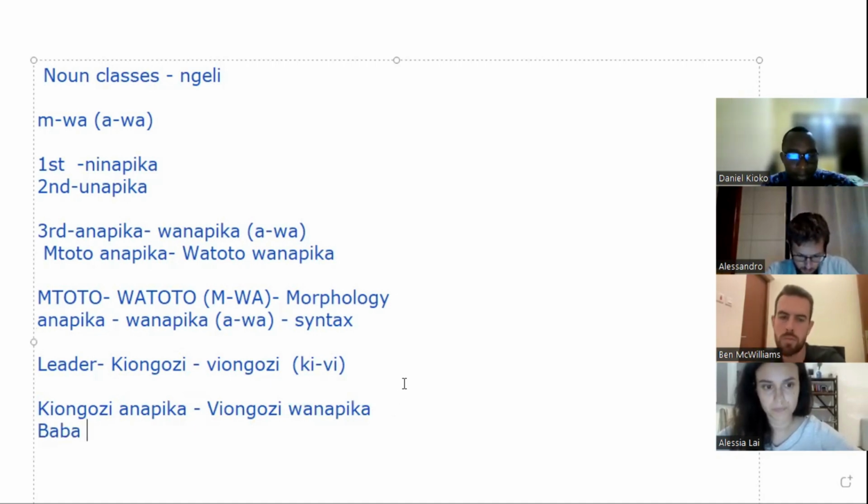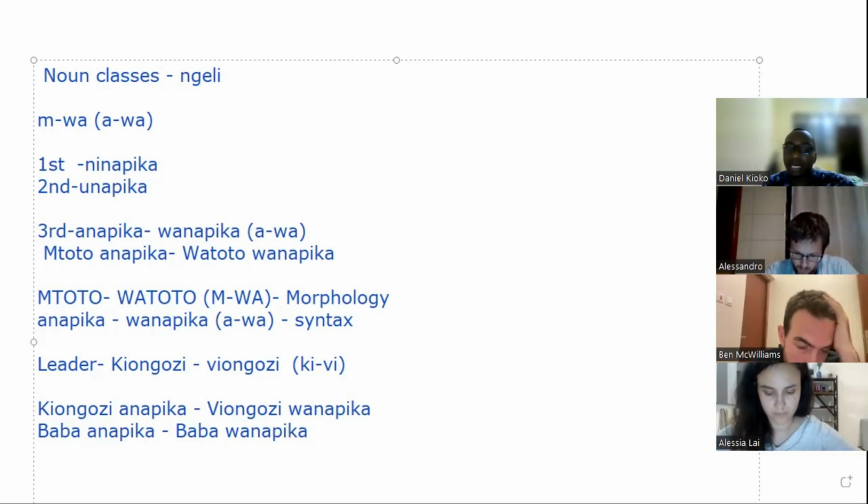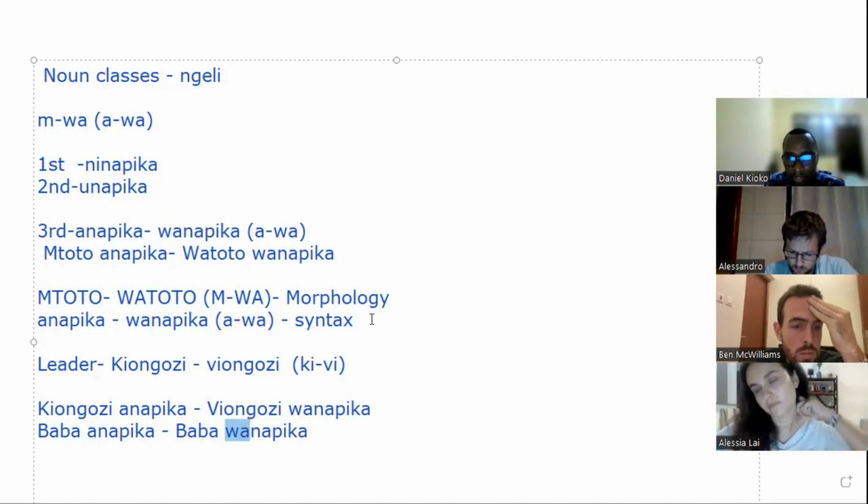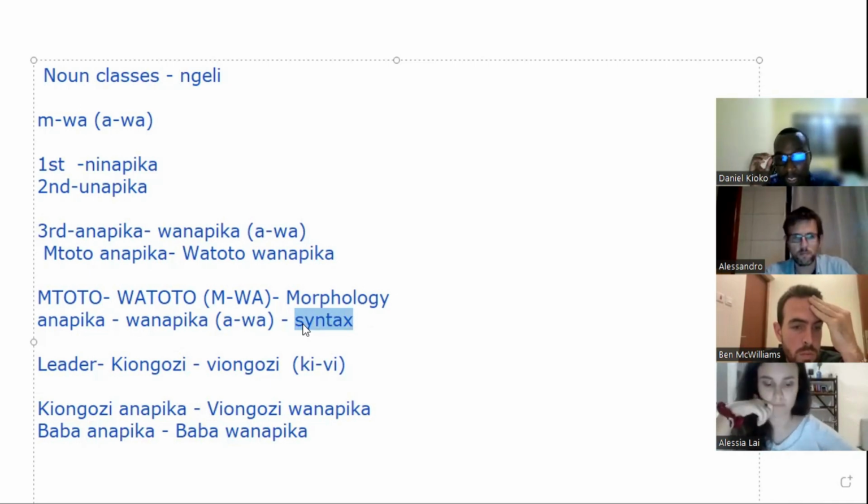Another example, baba anapika, and baba does not have a plural, right? So we'll say baba wanapika. So again, the a, wa is what will tell you the noun class and also the form, like is it in plural or singular. So the syntax is heavier than the morphology.